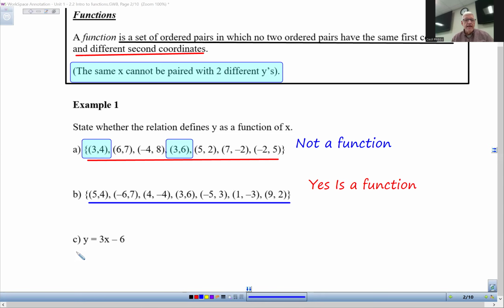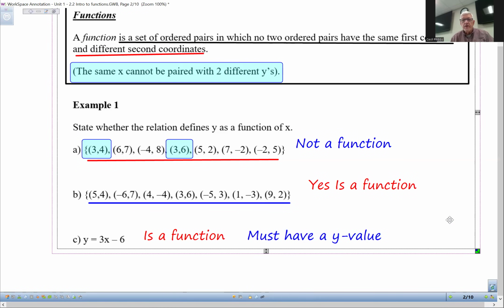Okay, our third example here is a linear function. We've just recently done some graphing with this. This is a function, and the way you can tell is when you're looking at your equation, it must have a y value.